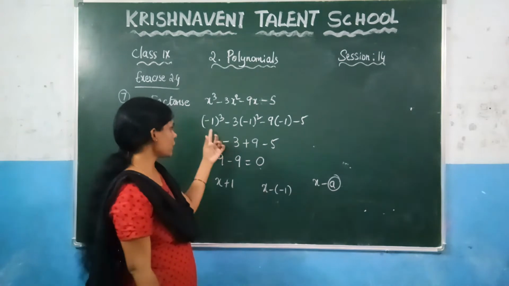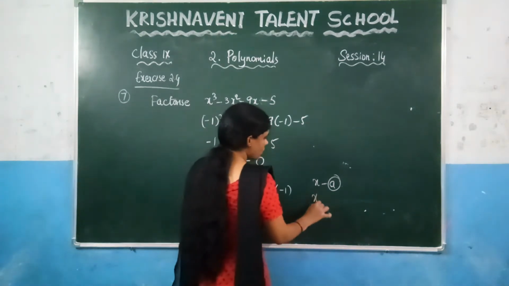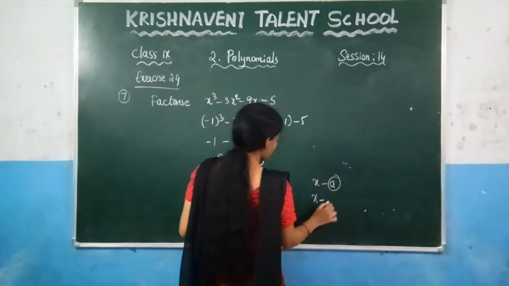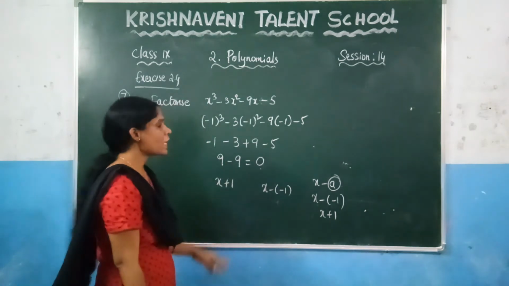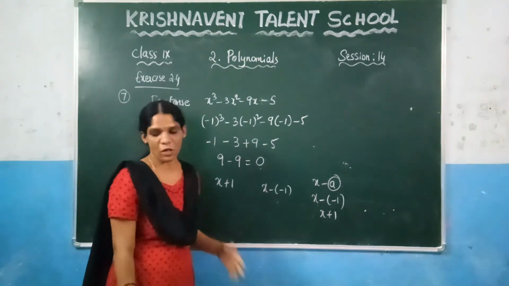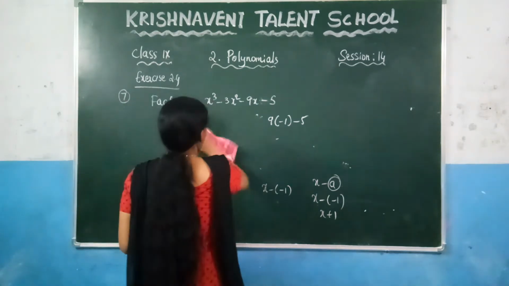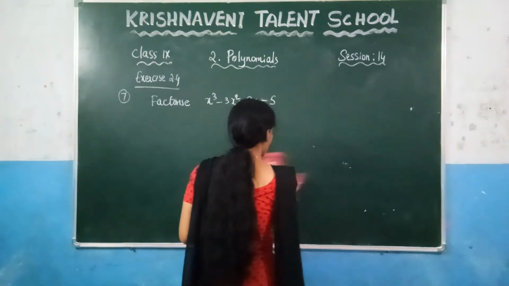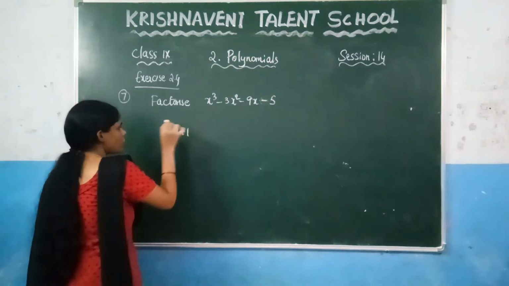Just what we are putting in place of x, that will be the value of a. So here x minus of minus 1, which is nothing but x plus 1. So we can say that x plus 1 is one factor of this polynomial.